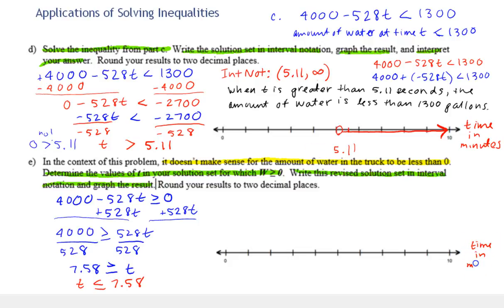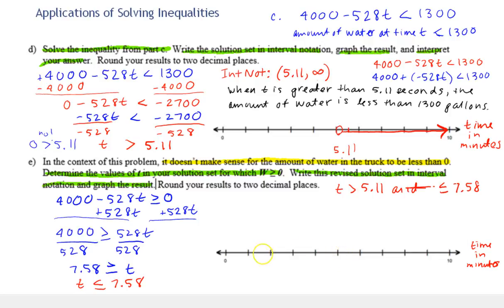This is time in minutes. And now we want two things to be true. We want t to be strictly greater than 5.11 and t to be less than or equal to 7.58. So here's our 5.11.